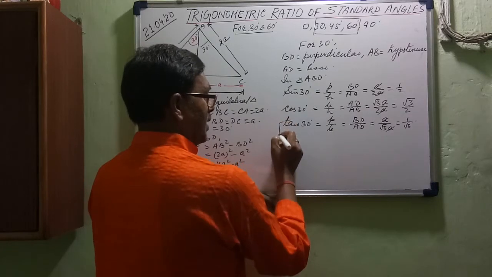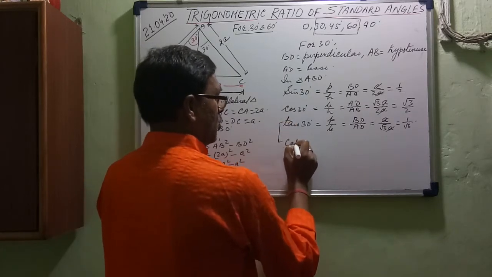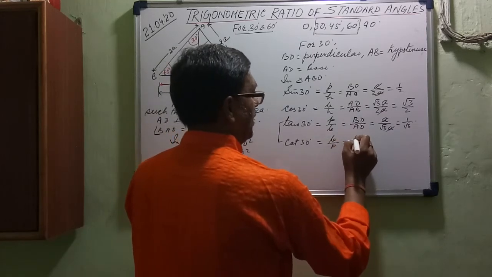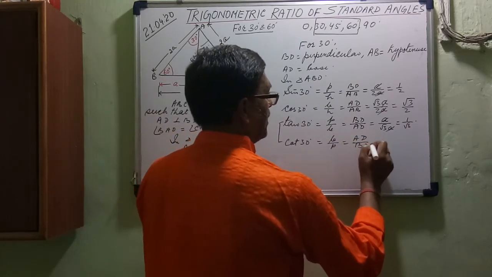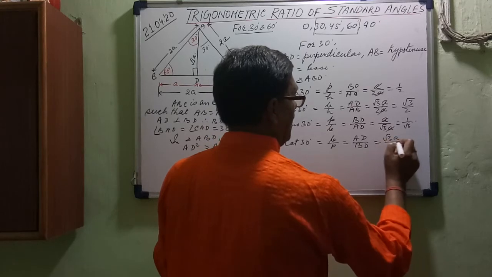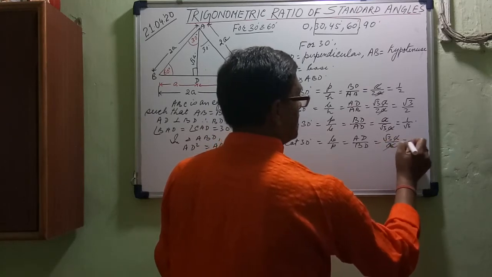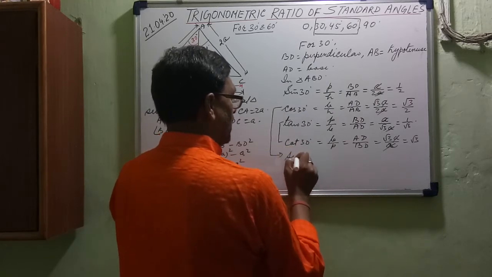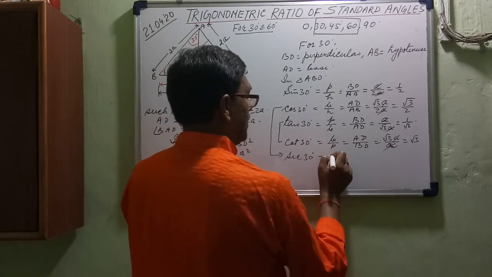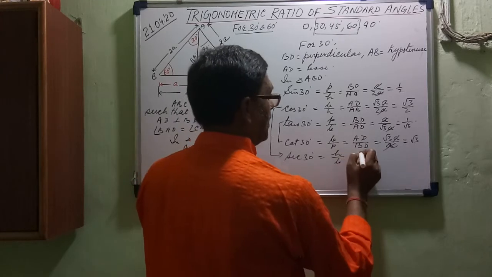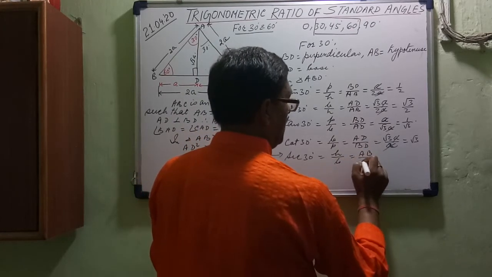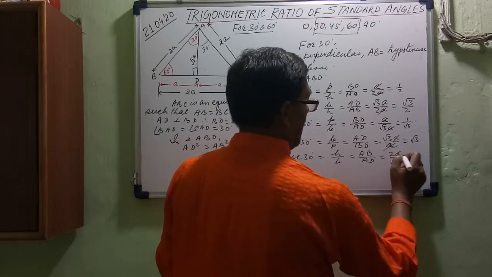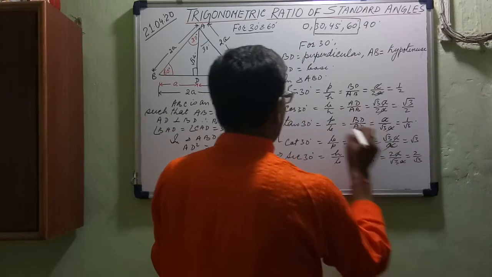And now let us take the reciprocal of this. Cot 30 degree, B by P, AD by BD, that is root 3a by a, cancel, only root 3. And then sec 30 degree is equal to H by B, AB by AD is equal to 2a by root 3a, cancel, 2 by root 3.